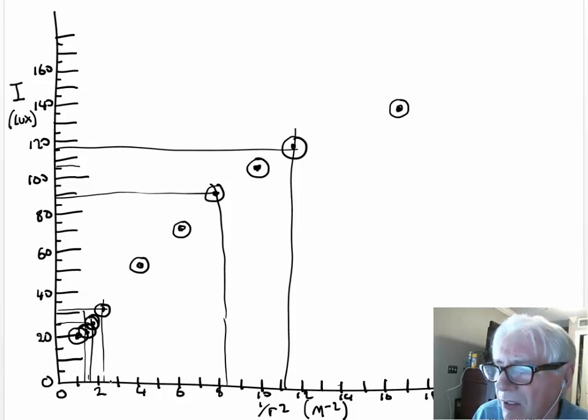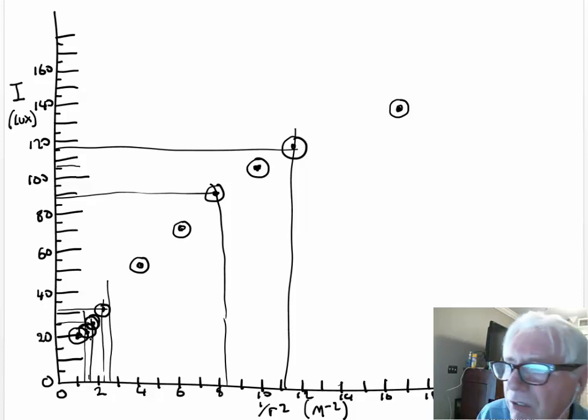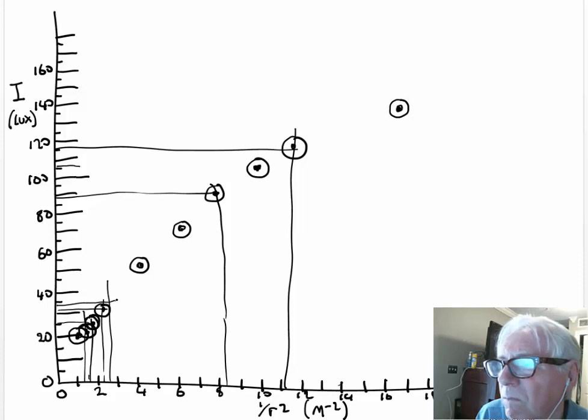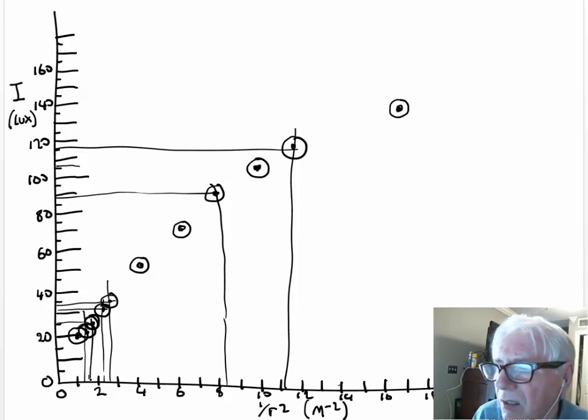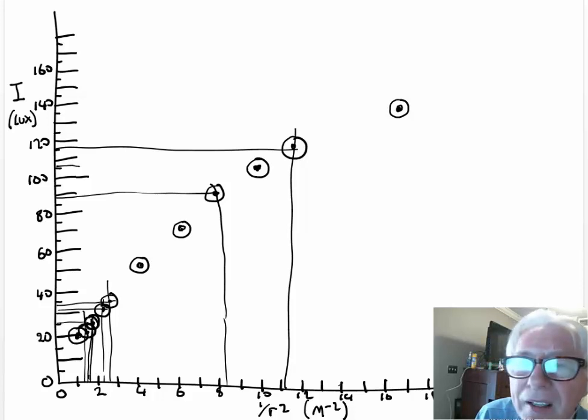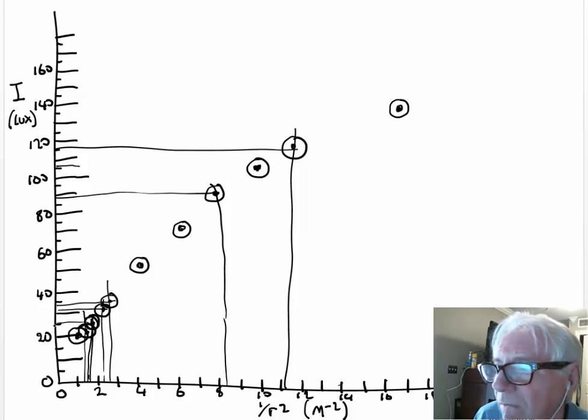So 2.37 is back down here, and that's going to be 34. And then I have 1.38, which is right in the midst. 1.38 is somewhere in there, and we have a value of 24. So yeah, somewhere in there.